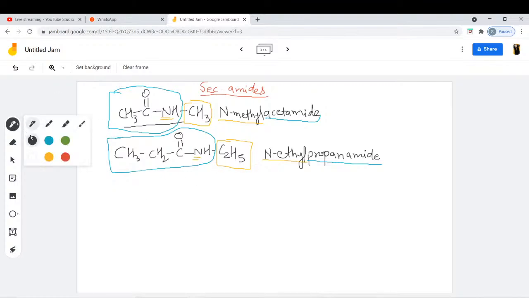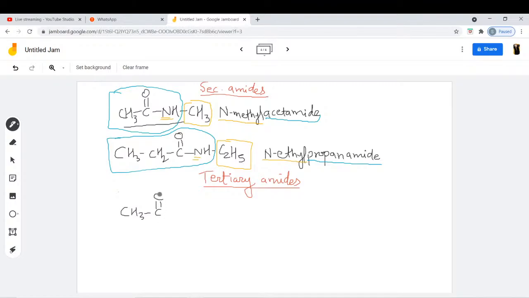Taking the tertiary amides, here I am taking the example like CH3, C double bond O, and up to this, if there is an NH2, then you say acetamide.